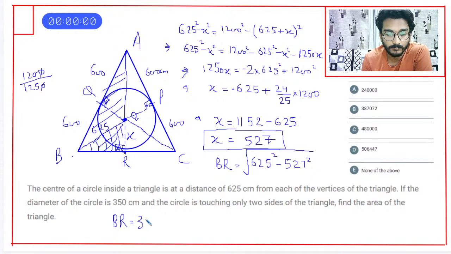So it is 336. When you use the calculator, it is 336.